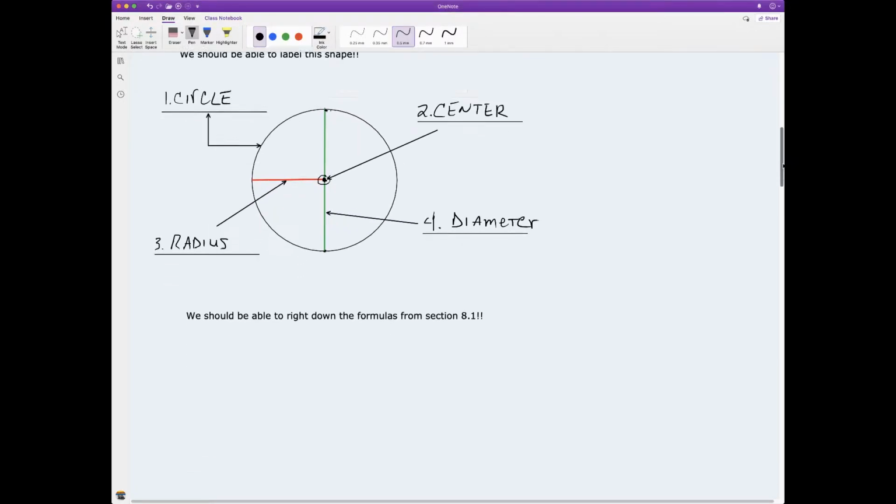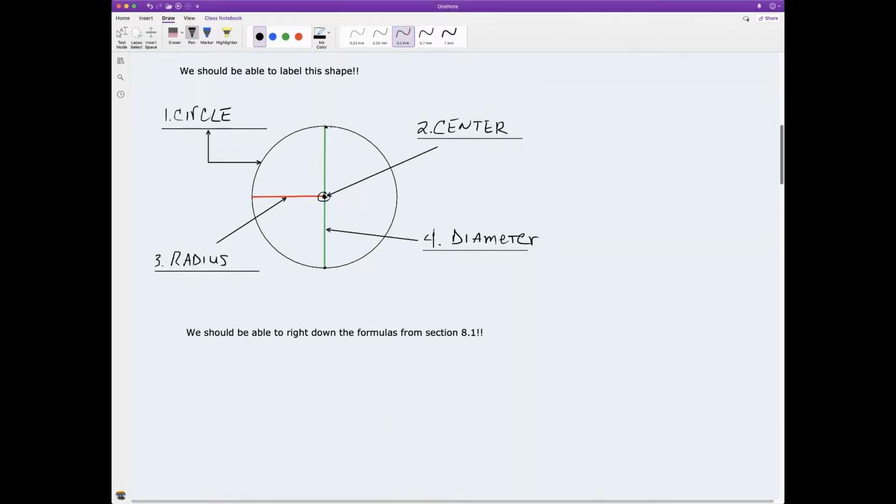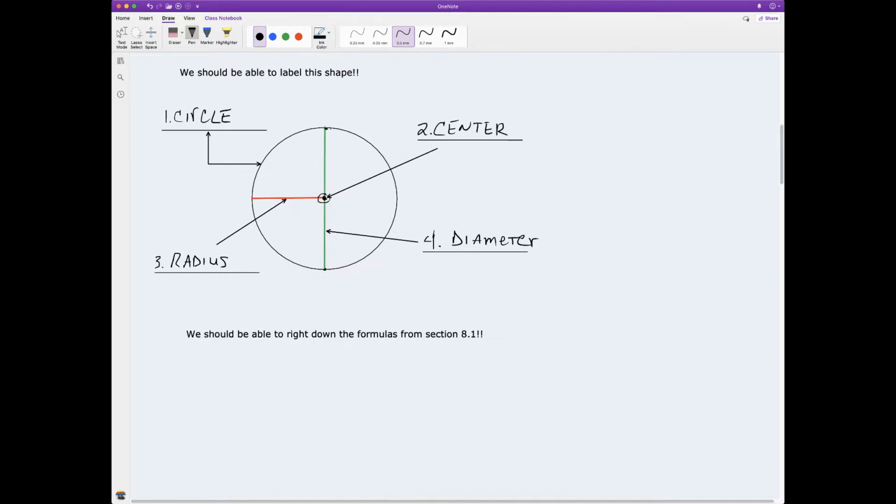Now the next part of this: there were some formulas that we had for circles. One of them was, if someone gives me the diameter of the circle, I should be able to find the radius. Basically the radius is the diameter divided by 2.